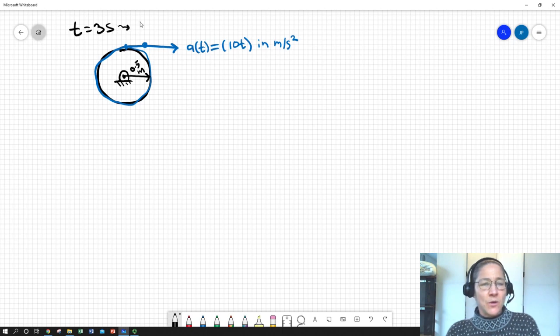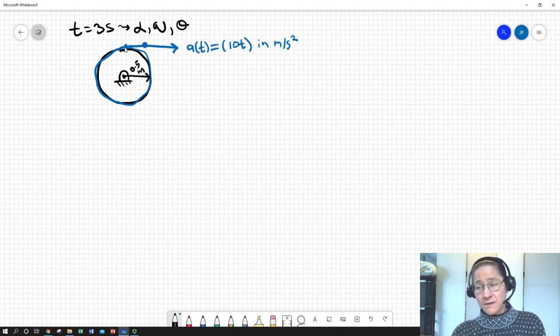Somebody wants to know effectively alpha, which is angular acceleration, angular velocity, omega, and displacement: how many degrees or how many radians that cylinder has moved through by the time t equals 3 seconds, assuming we know the tangential acceleration at any point. It's kind of convenient that it's at a vertical point there where it's easy to slap a coordinate system down.